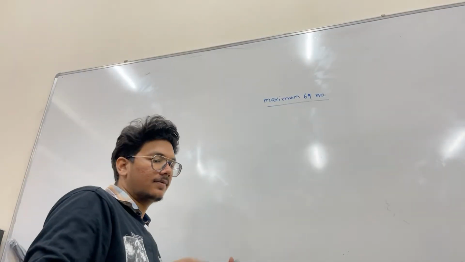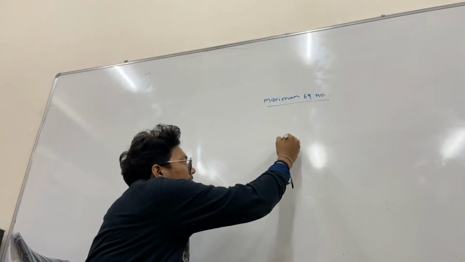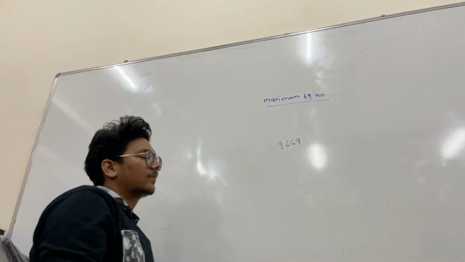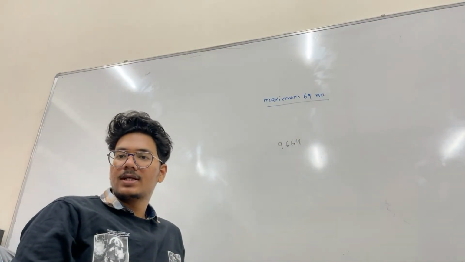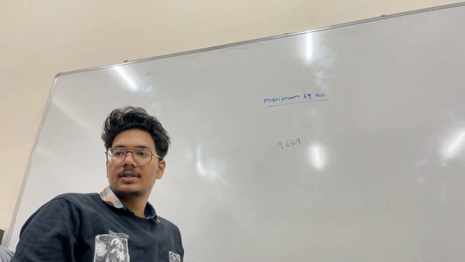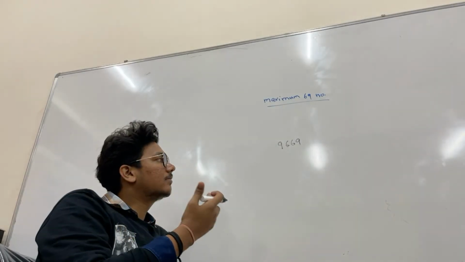In that case, we are given a number like 9 6 6 9. Our aim is that at most we have to change one digit, to make this number greater.